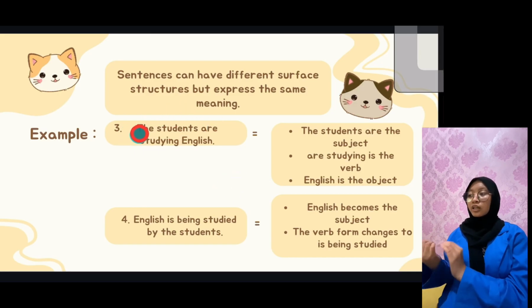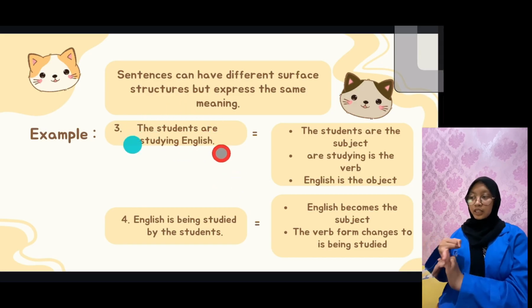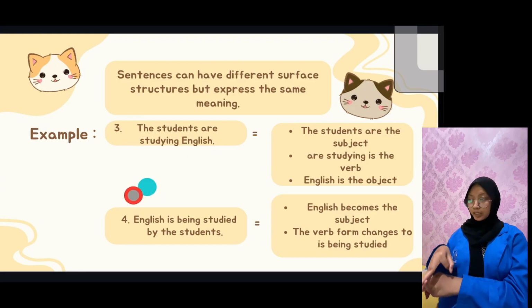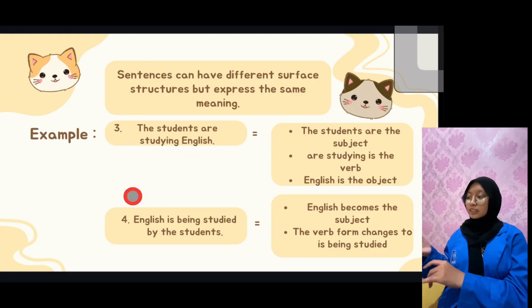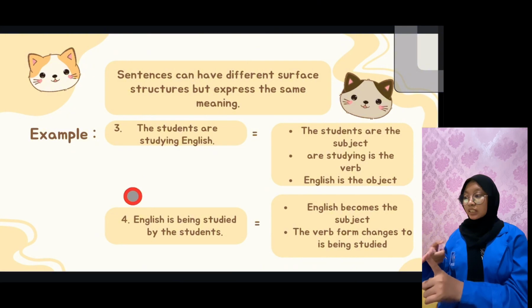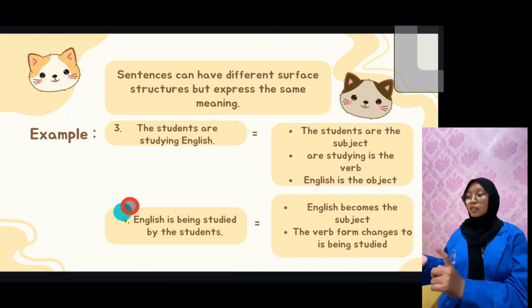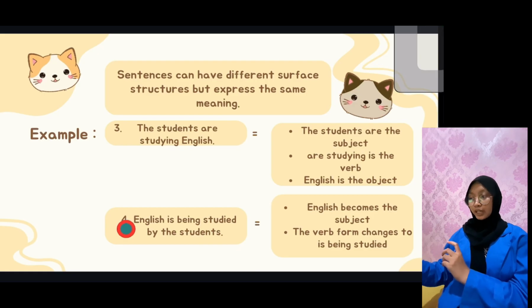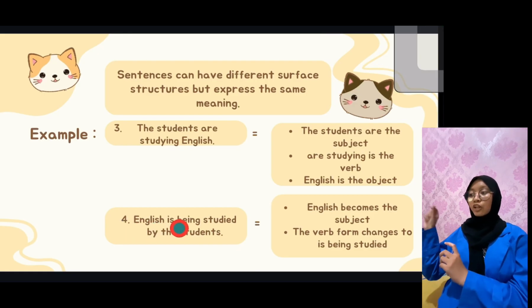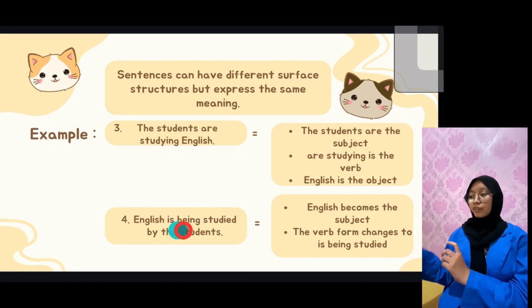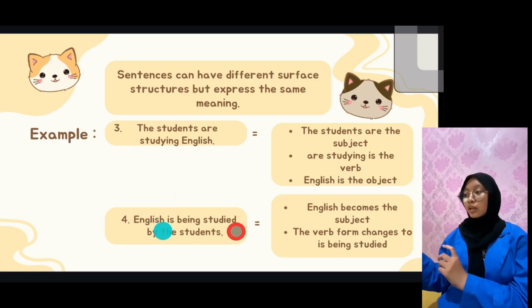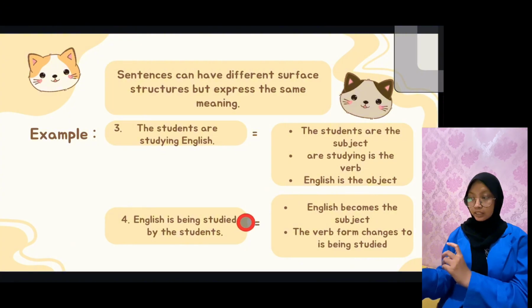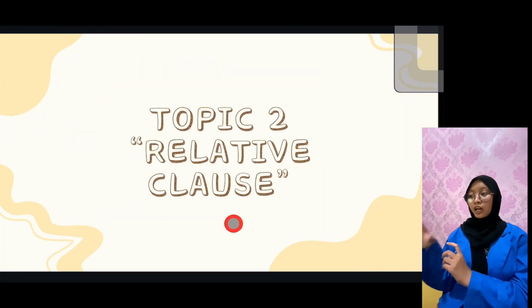The students are the subject, "are studying" is the verb, and English is the object. And then the next example is "English is being studied by the students." Here, English becomes the subject, which before was the object. And then the verb form changes to "is being studied," whereas the previous one was "are studying."